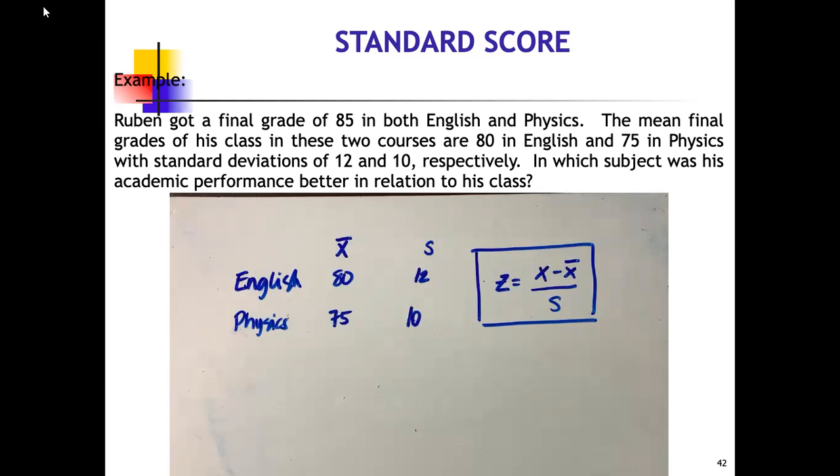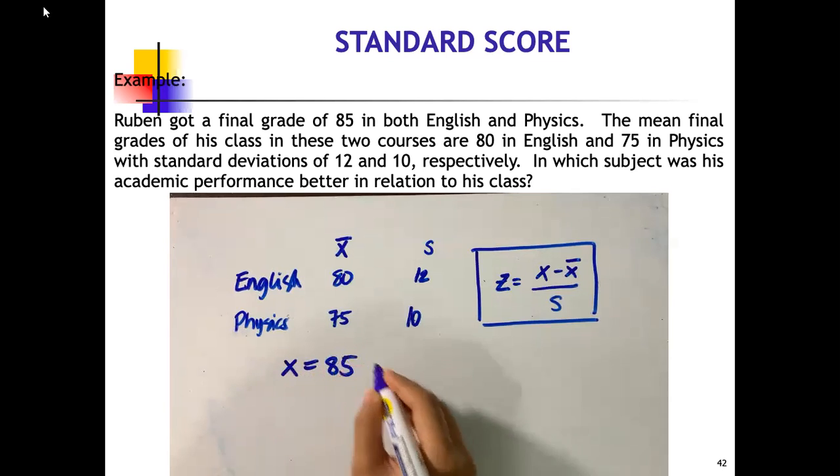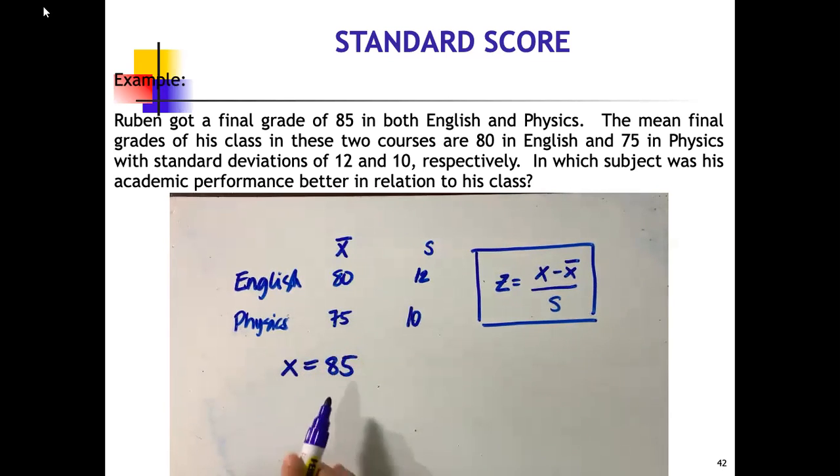We are asked in which subject was his academic performance better in relation to his class. His grade in English is 85. The same is true with his physics grade, which is also 85. So let me have our x, which is equal to 85, for both English and physics.